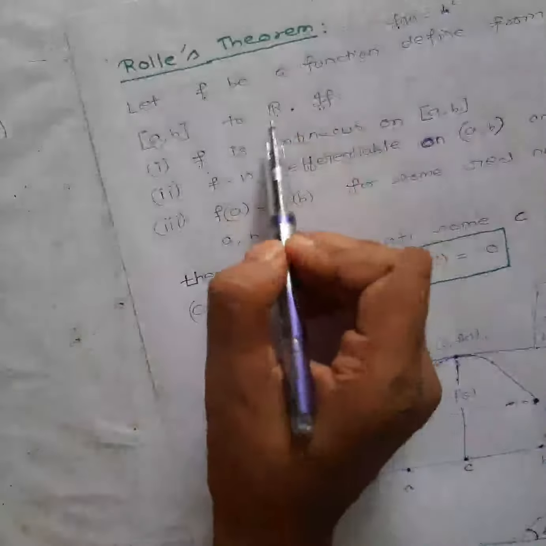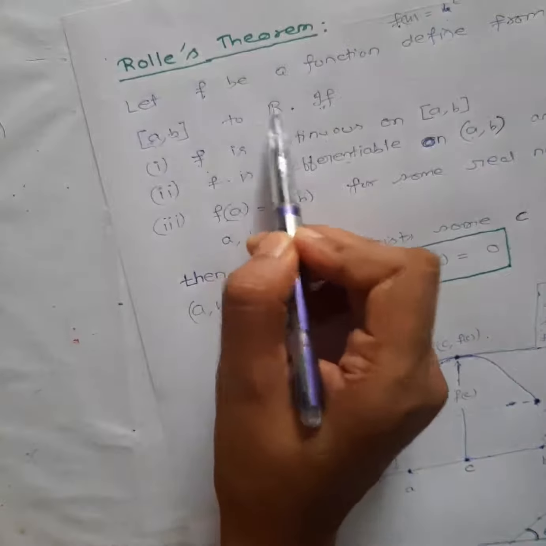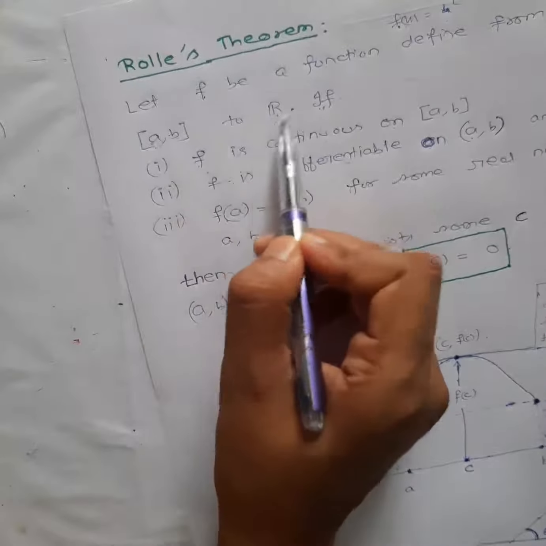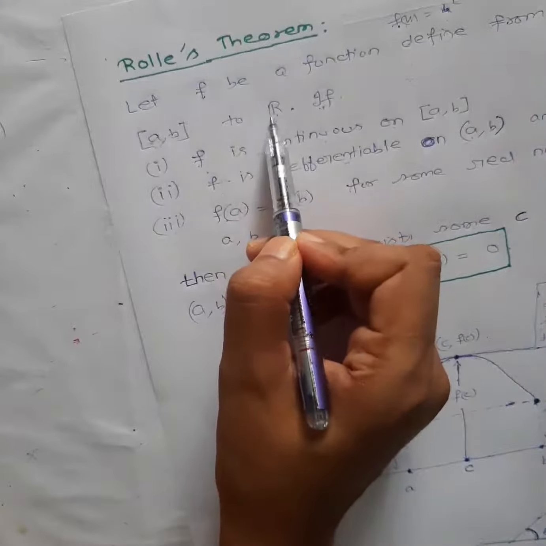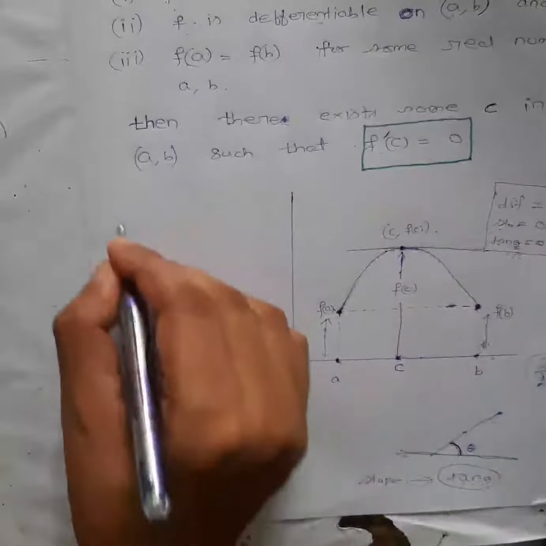Any real number. You can see the function is defined from A to B to R, meaning the set of real numbers, so the y value will be any real number. So the graph can be like this, or it can be like this also.